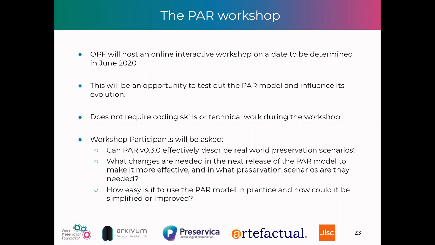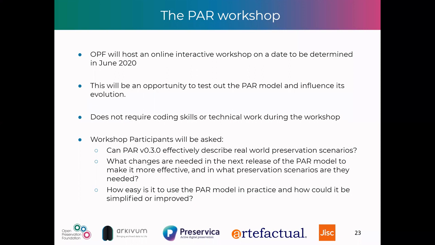We held an in-person workshop through the OPF and DPC last June in York in the UK. This will be an online version of that, but specifically geared towards helping to refine and set the requirements for the 0.4 version of the PAR schema and PAR API.